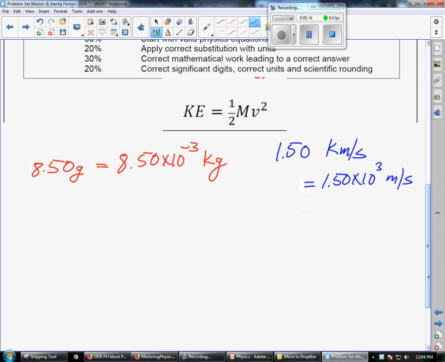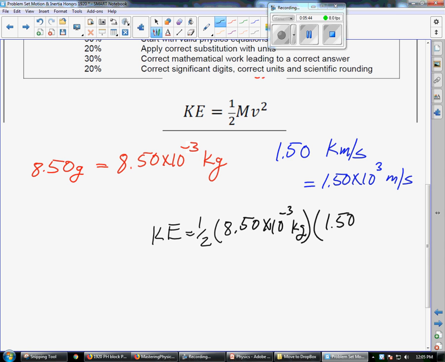So now it's really just substituting in. I'm just looking back at kinetic energy. 1/2 times 8.50 times 10 to the minus third kilograms times 1.50 times 10 to the third meters per second, squared.